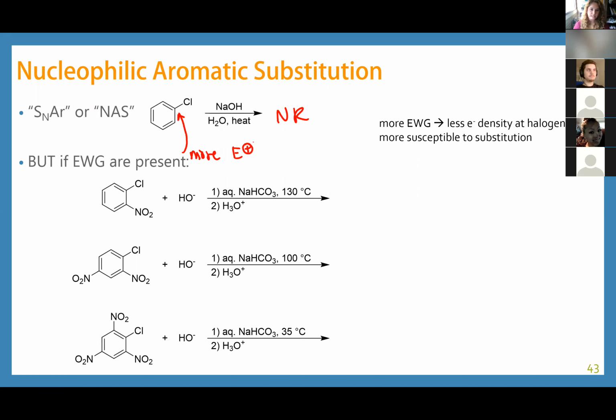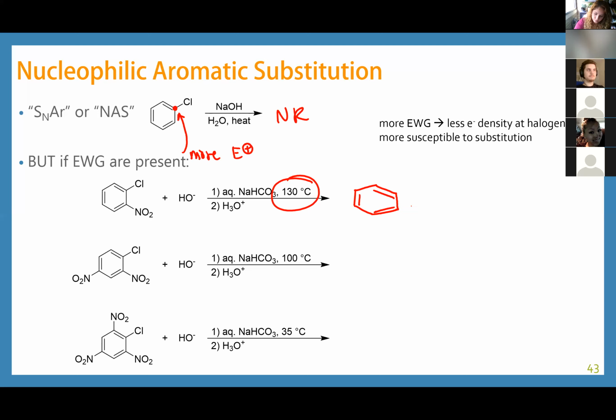Otherwise, the electron density is just too much at the carbon where we are hoping to do the substitution. So if we have a single nitro group present, we can do the substitution. Notice that we have to heat it up to 130 degrees in order to get this to work.